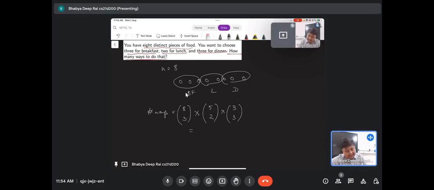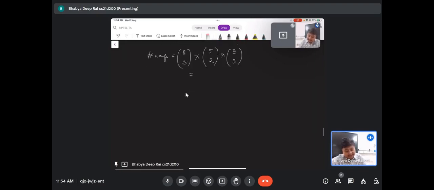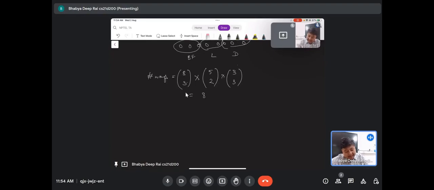So let us simplify it, which is nothing but 8 factorial divided by 8 minus 3, which is 5 factorial, times 3 factorial, times 5 factorial divided by 5 minus 2, which is 3 factorial, times 2 factorial, times 3 choose 3 is 1. There's only one way to select 3 elements from 3 elements.